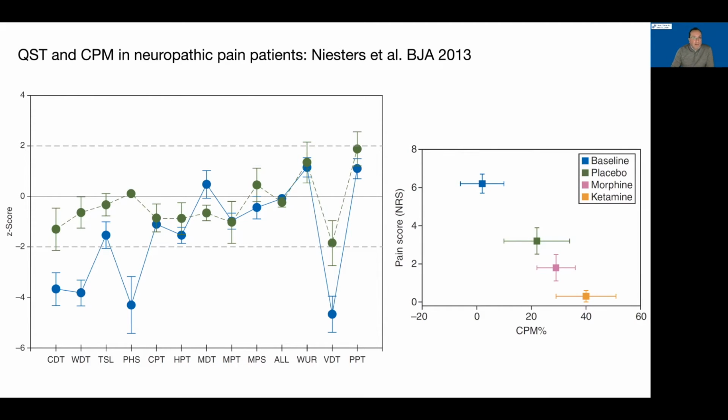We have here neuropathic pain patients that were QST'd. You can see that this patient population in green is a control group, and in blue is the neuropathic pain population. You can see that in this population, VDT, so vibration detection threshold, there's a hypofunction.